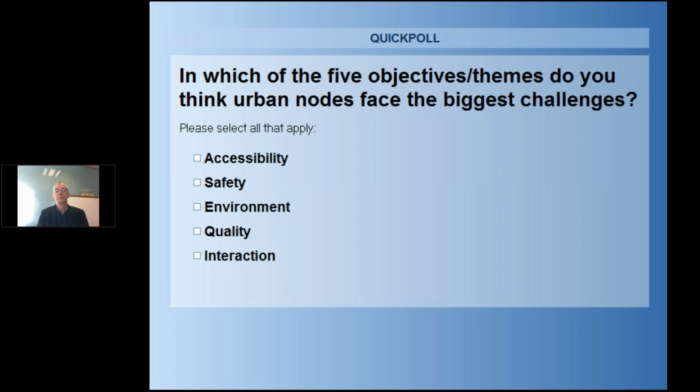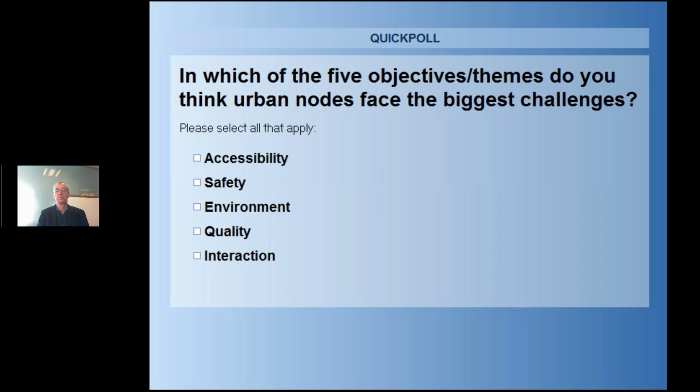So from these 5 that you've identified. So if we could get you to fill your responses in, and Hannah, you can report on how things are coming in. Yeah, the votes are coming in. We've got about half of the participants having voted so far. If you could just take a moment to let us know which of the objectives.